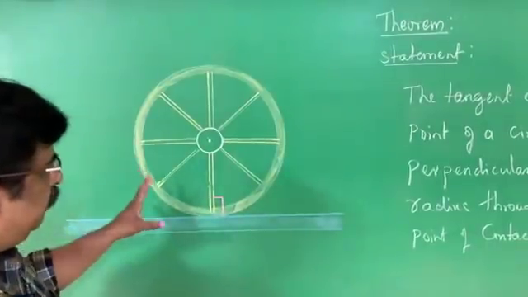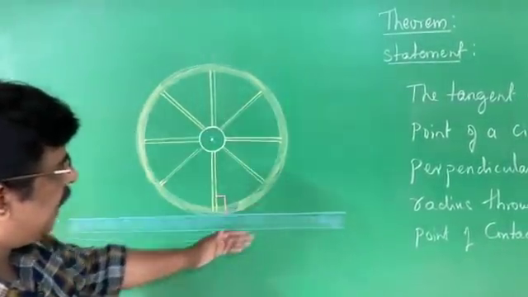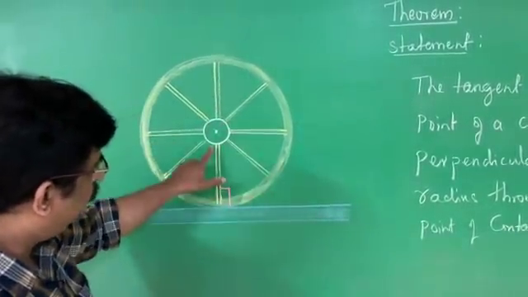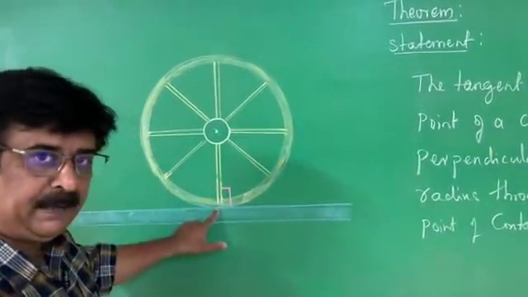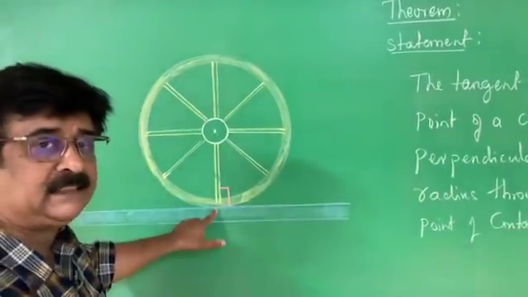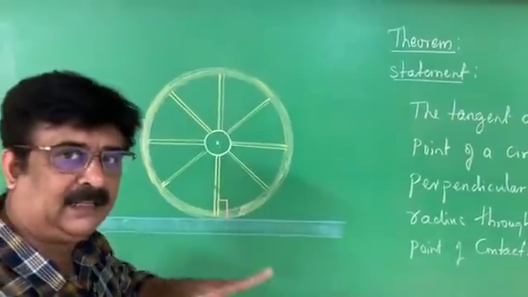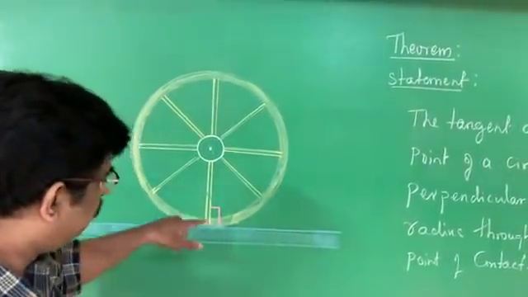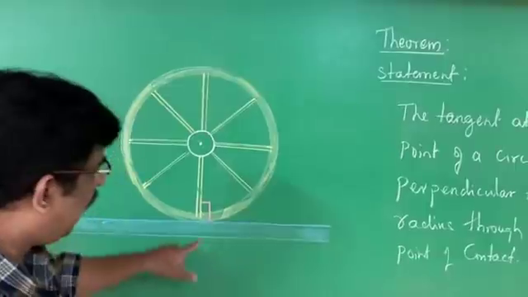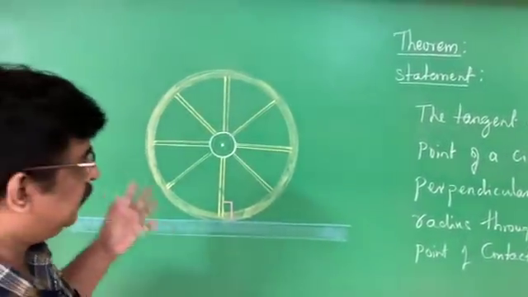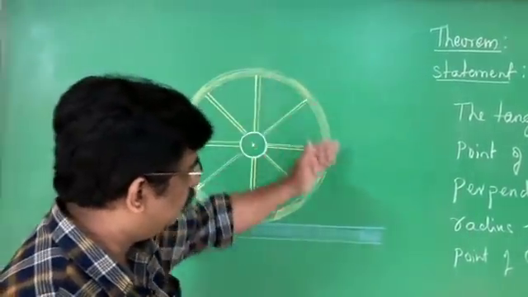That is the concept. The idea of this diagram is that there may be many radii, but only one radius becomes perpendicular at one particular instant of time. Not all the radii become perpendicular all the time. Only one radius becomes perpendicular to the road at the point of contact. That is the statement of the theorem related to the tangent.